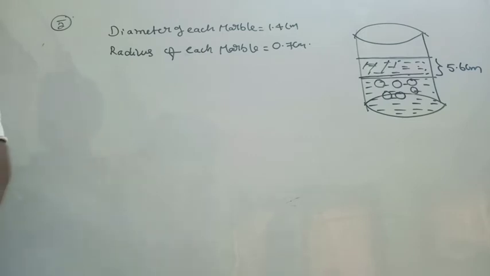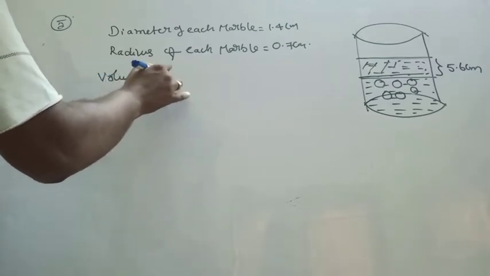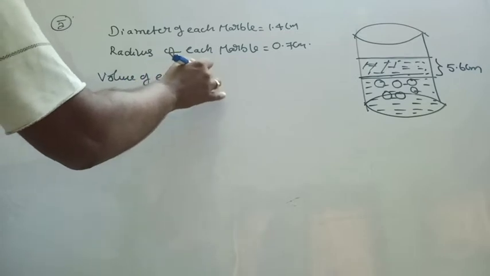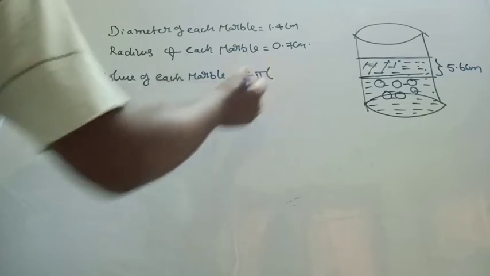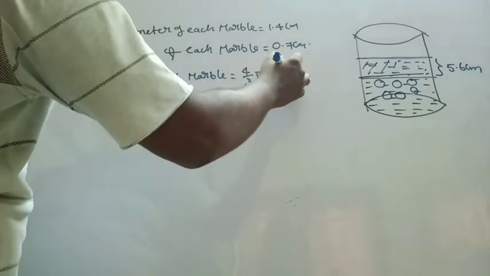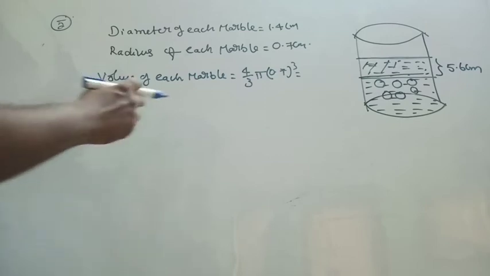Radius of each marble is equal to 0.7 centimeter. Now the volume of each marble is 4 by 3 pi r cube. R is what? 0.7 whole cube. 4 by 3 pi r cube is the volume of each marble.